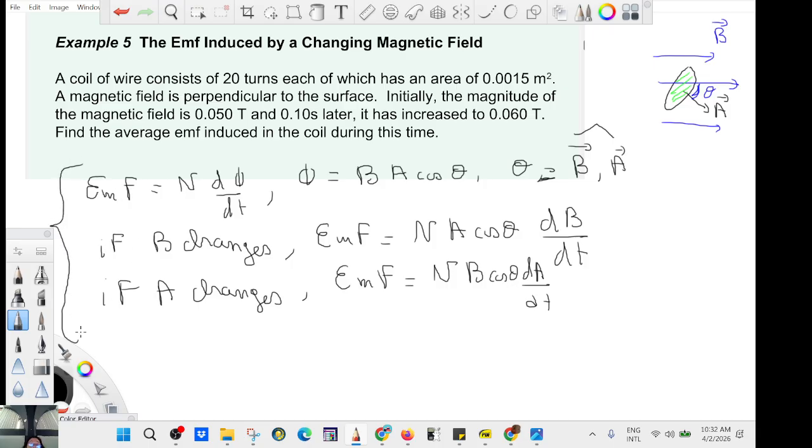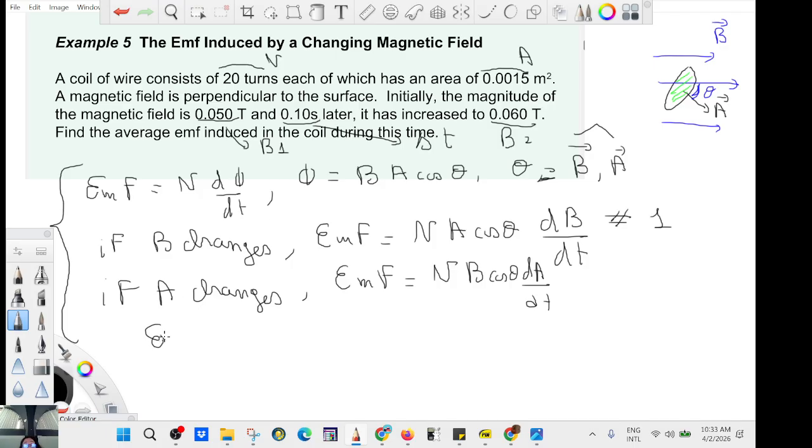But now I think it's just going to be case number 1. So that will be the number of turns, and that's the area that does not change. Then the magnitude, B1 and then B2. So it's not even a derivative here, right? It's just a delta because it's for algebra. And here you have the time elapsed.